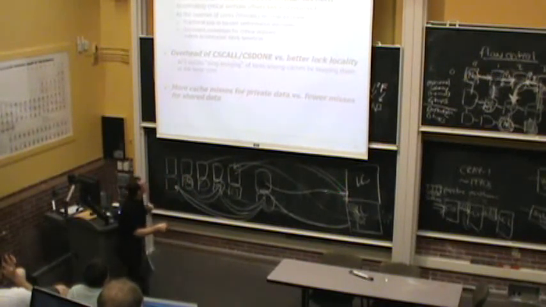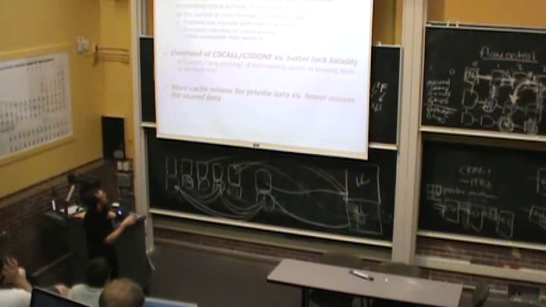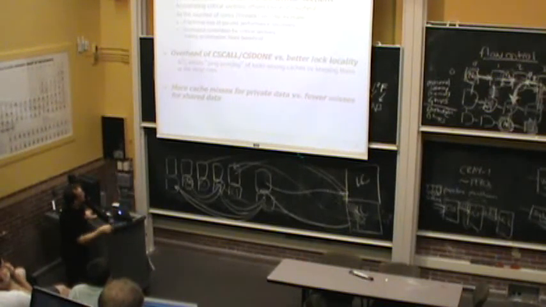So there's that trade-off. To acquire a lock, you just send a CS call signal, and there's a CS done signal. I guess which one gives you better performance? They avoid ping-ponging of locks among caches by keeping them at the large core. But that comes at the cost of more signals.